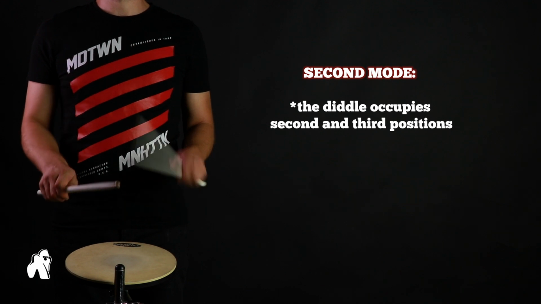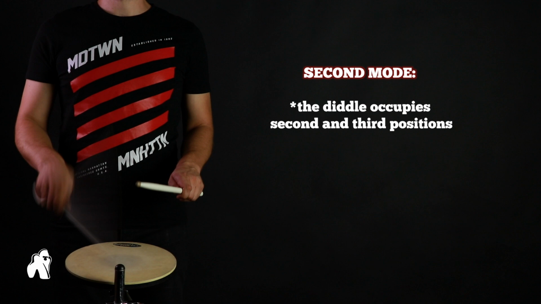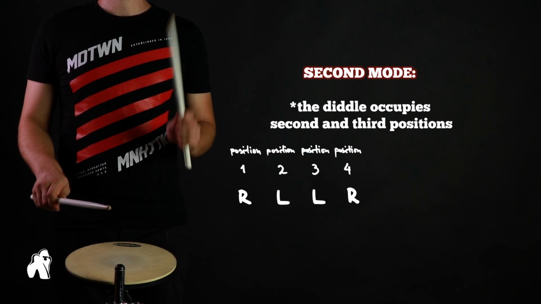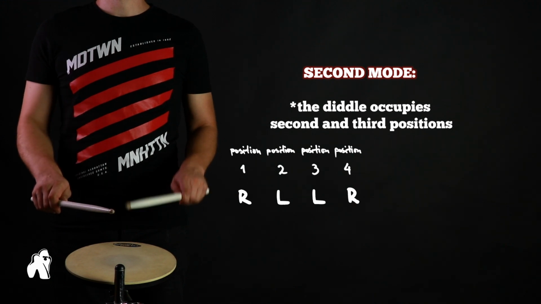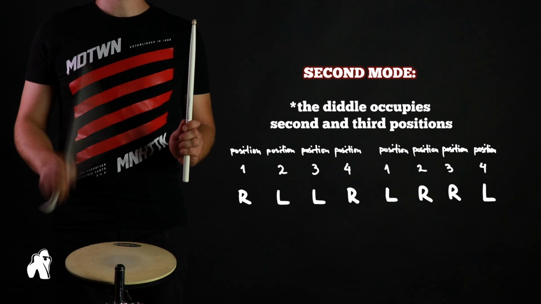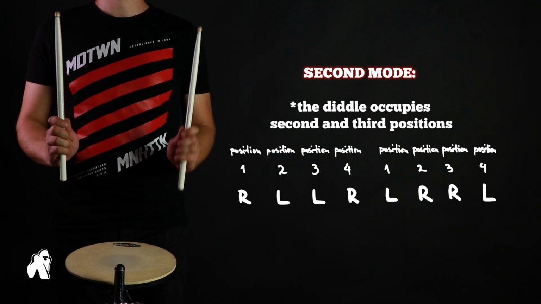To define the second mode, we need to slide the double stroke 1 position to the right. If the diddle occupies second and third positions, we get right, left, left, right, and left, right, right, left. This might look wrong, but all we've done is slide the pattern relative to where 1 occurs.